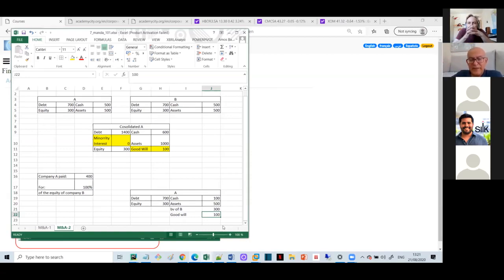So now I'm done. Why am I done? Because now I can repeat what I did in case number 1. I can erase this 300 and replace it again with the 1,000 of company B assets minus the liability of 700.